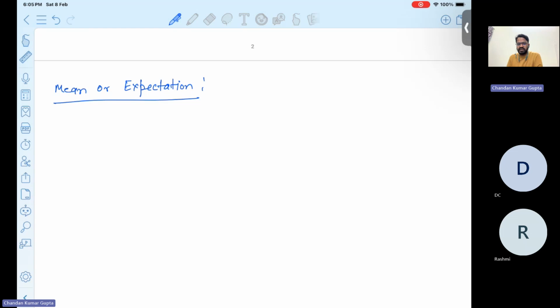Mean, average, expectation: these are all synonyms for one statistical quantity. Let X be a random variable on a probability space (Omega, F, P). So this is a probability space.